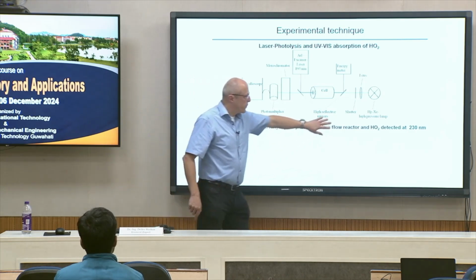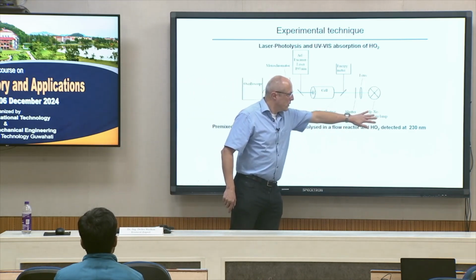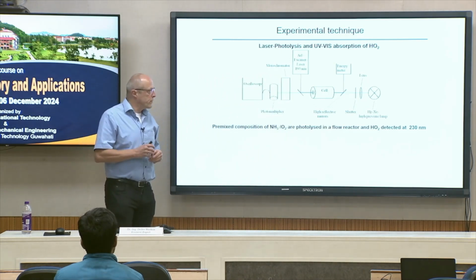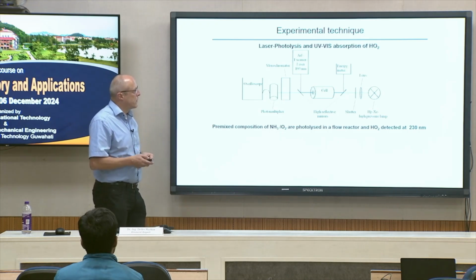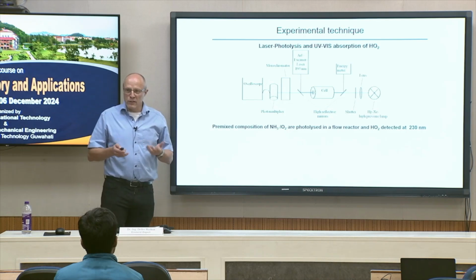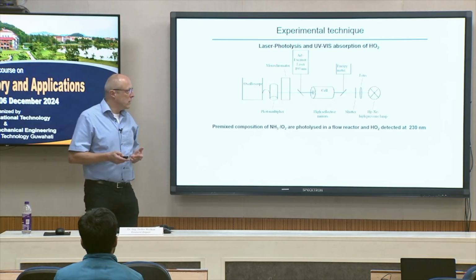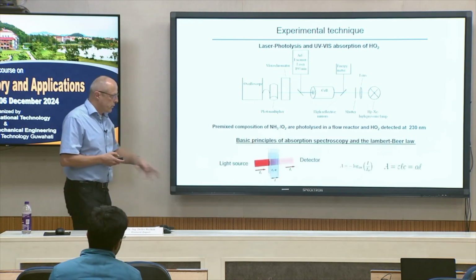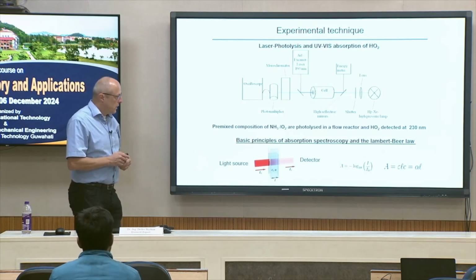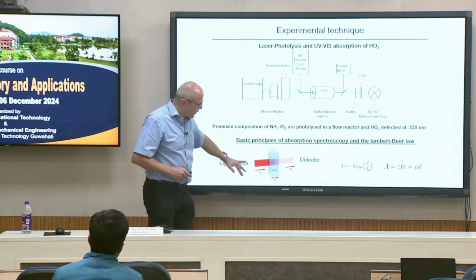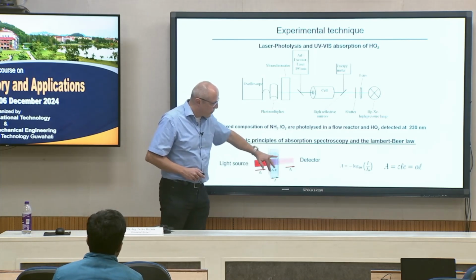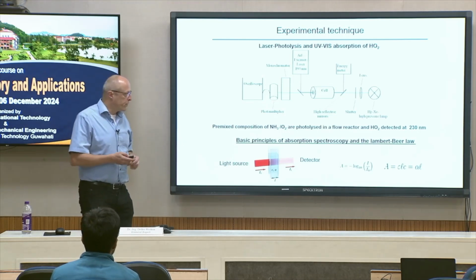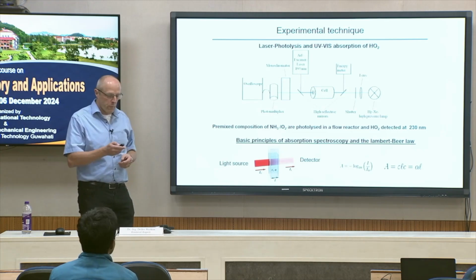We use a specific lamp, and the absorption at 230 nanometers is detected, and depending on the amount of absorption, we can get the amount of HO2. Using the Lambert-Beer law, the light goes through our probe, and the absorption depends on the length of the cell and the amount of molecules in the pathway.